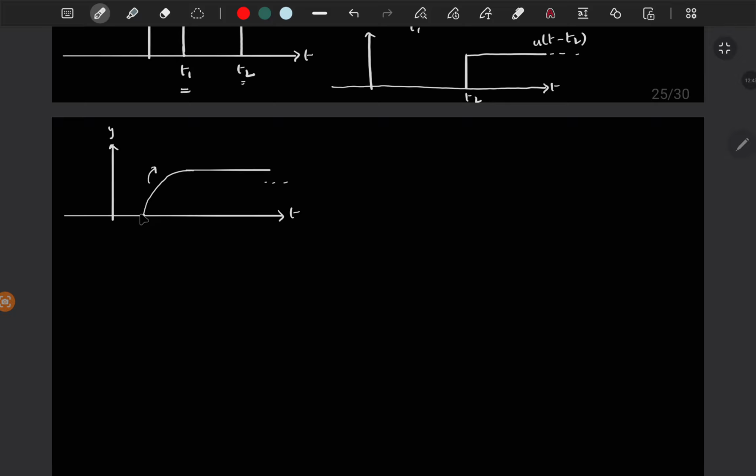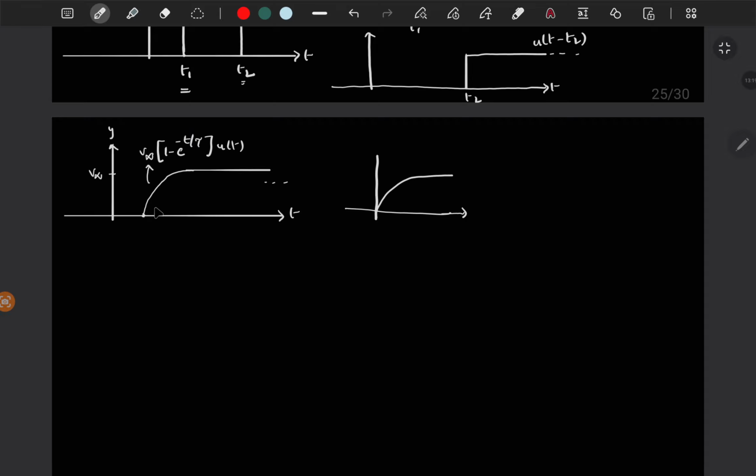So from some initial value to some final value it is charging. So this equation looks like, let's say the final value is v infinity. So v infinity times 1 minus e power minus t by tau, because initial value is 0. And e power minus t by tau u of t. This is in general if it is starting from 0.